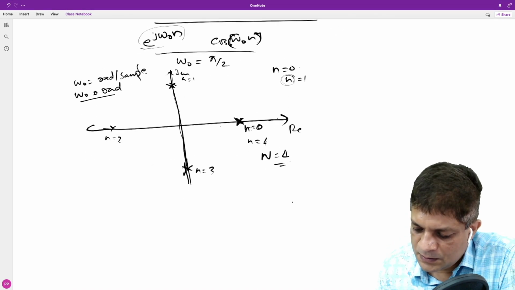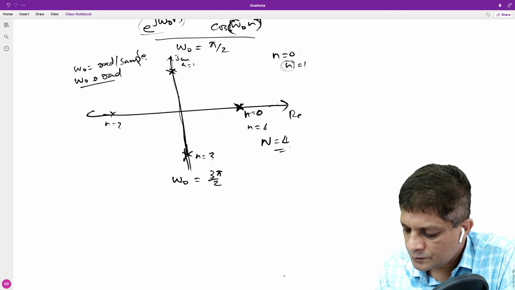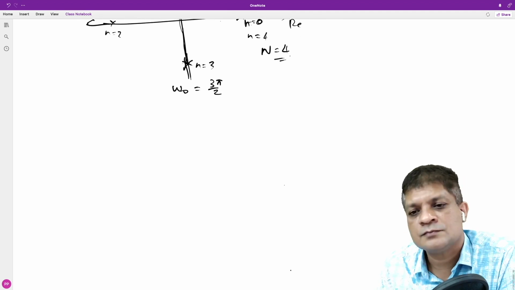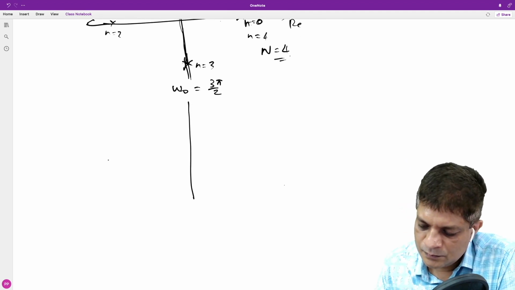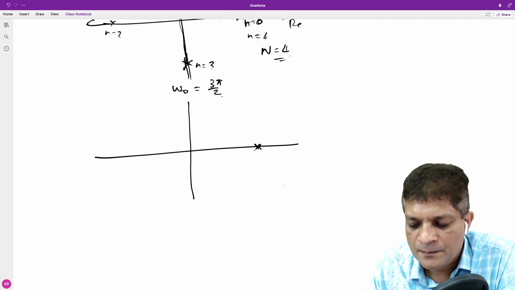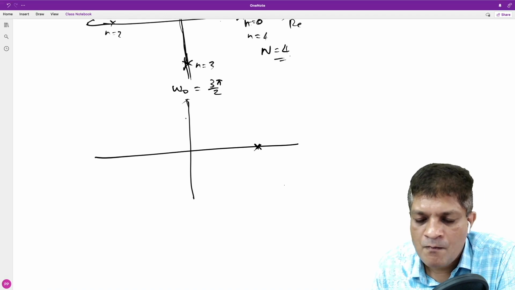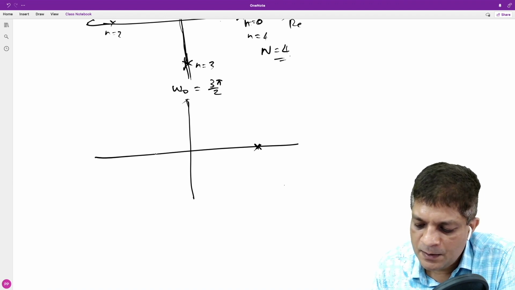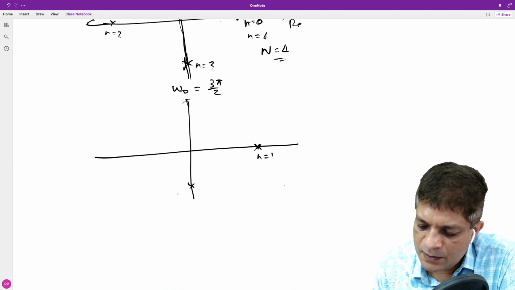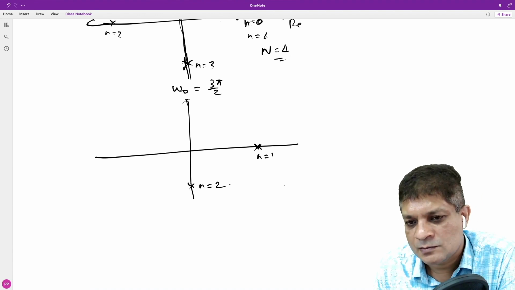Okay, now let us consider another example. Omega naught is 3 pi by 2. Where is the first value? Here. Where is the second value? This is pi plus pi by 2, so this is 1. Where is the third value?